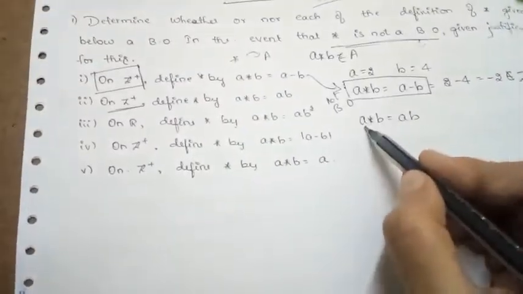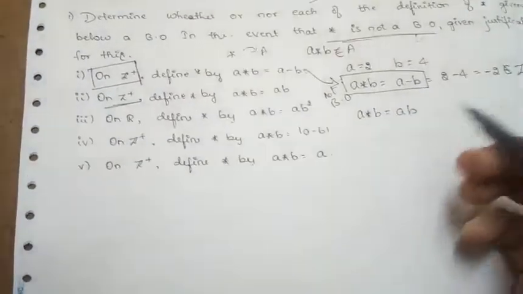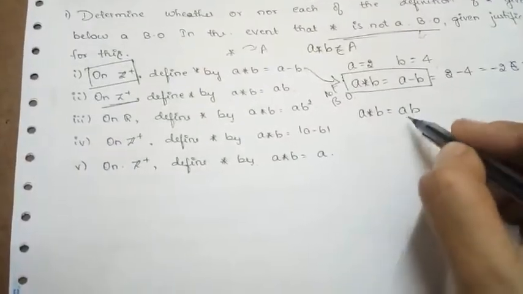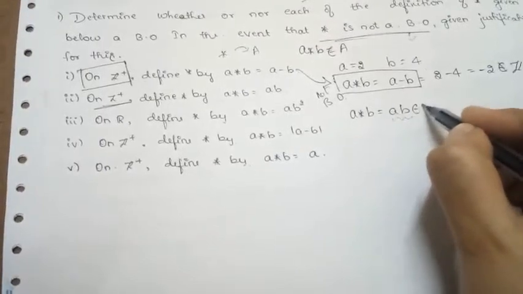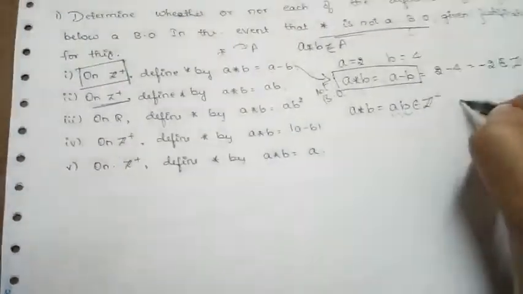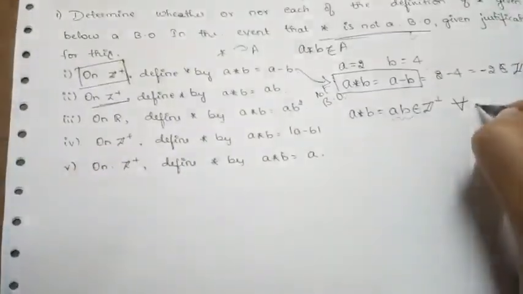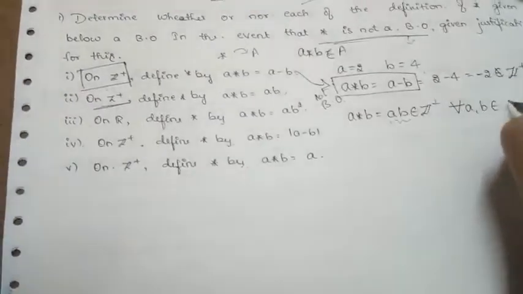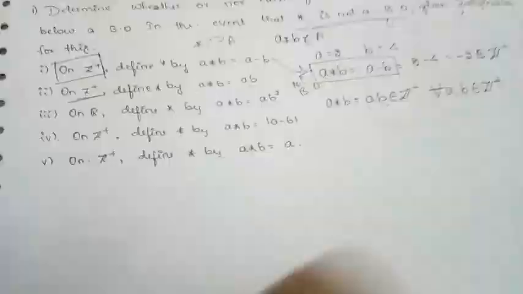So obviously AB also belongs to the set of positive integers. So this is going to be satisfied for all A comma B belonging to the set of positive integers.